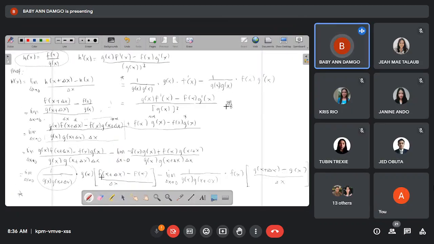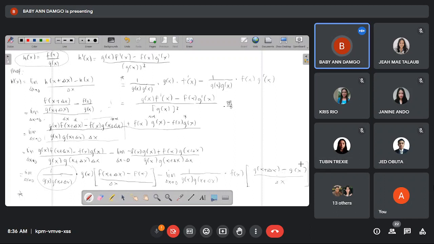Next, this is just the definition of the derivative of a function, so this is equal to f prime of x. Minus, the same idea as before, times f of x, which is not affected by the change of x, so we copy f of x.